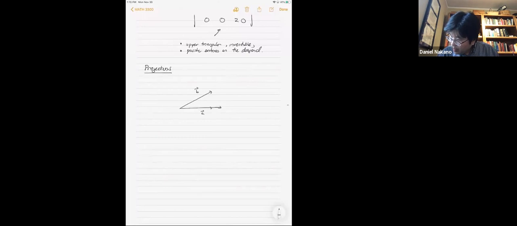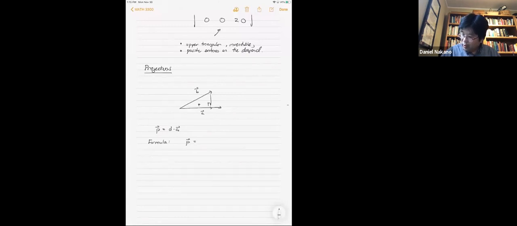If I want the vector which is projected orthogonally onto this, P is going to be equal to some constant times A. We know what this constant is. It's just given by inner products. So there's a formula which we derived.